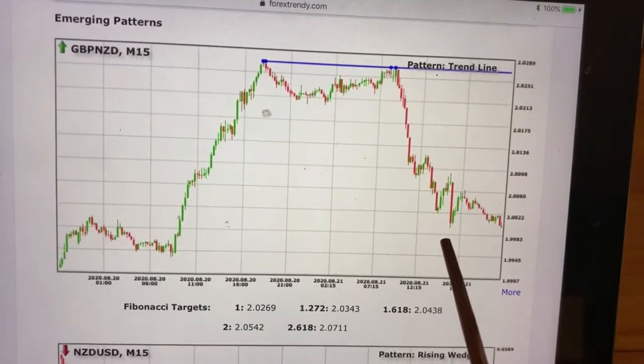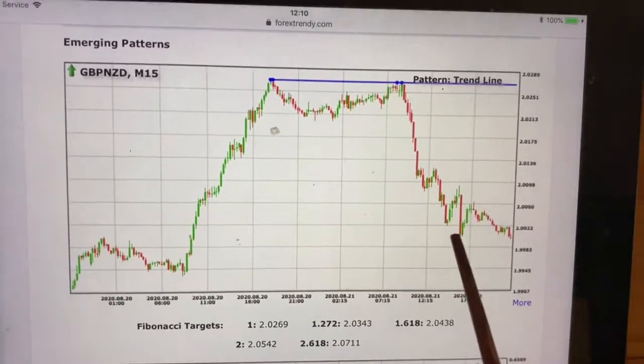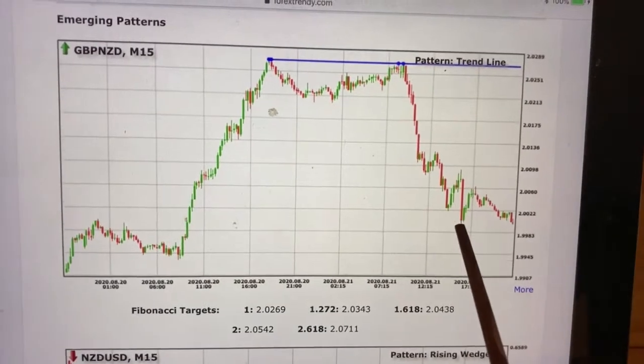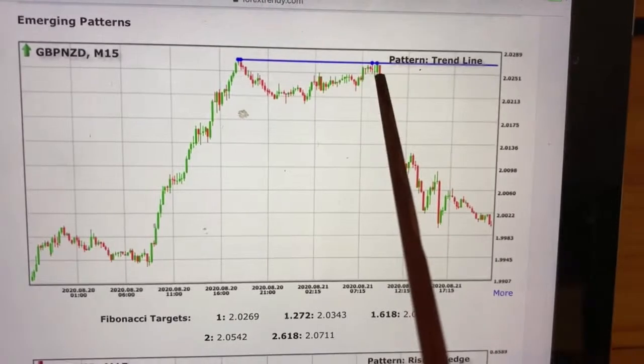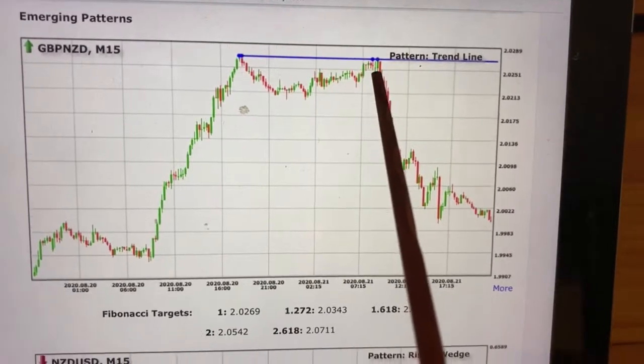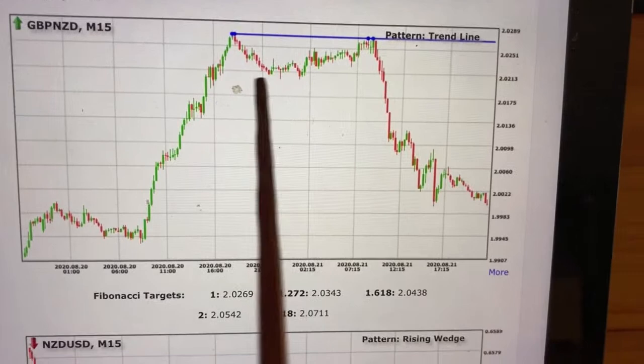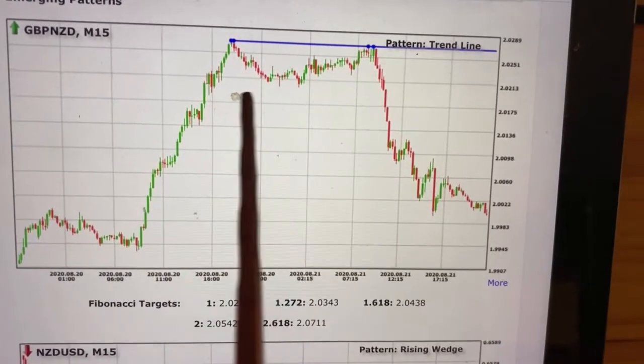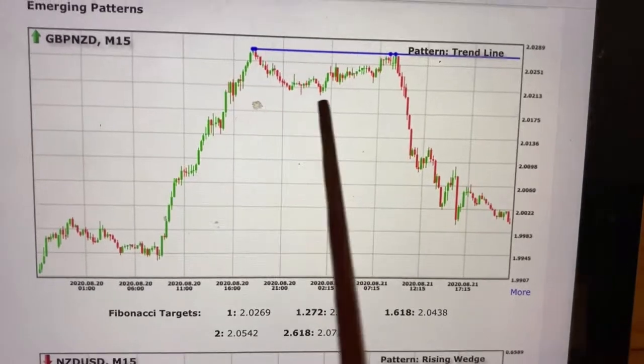Here it touched the bottom line, that's why the bottom line vanished. What you do is go to your chart and look at the low it has created, and you just pend your sell stop order below it.